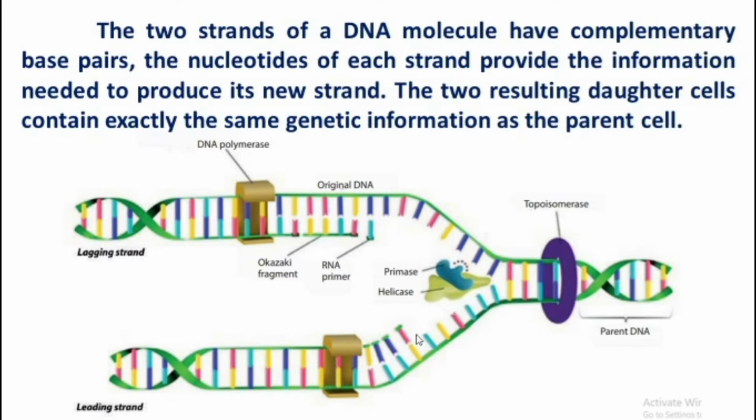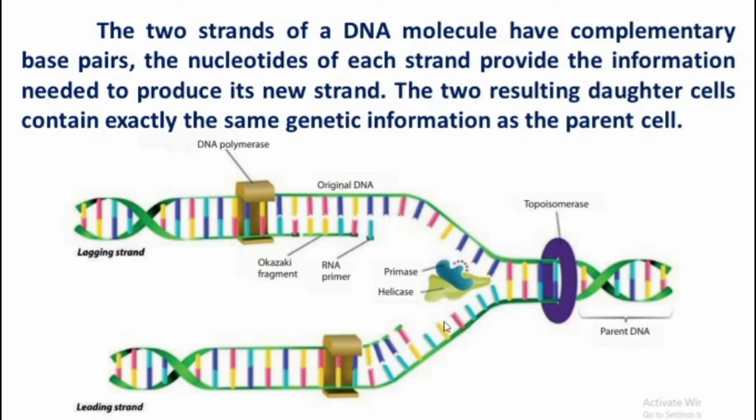So based on the information present on the template strand, the newly added nucleotides are complementary to the base pairs which are already present in the template. So for example, if the template consists of the nucleotide adenine, its complementary base pair which will be added should be thymine. If it consists of cytosine, the newly added complementary base pair should be guanine.